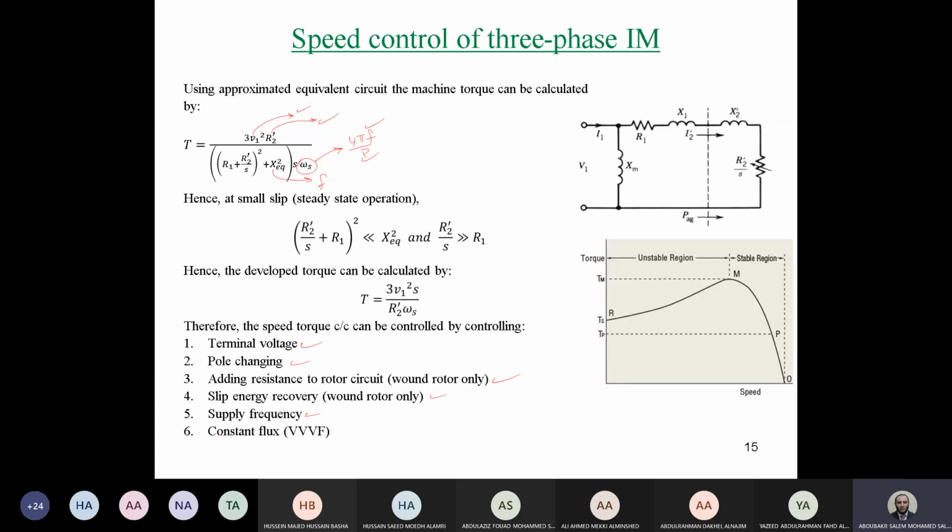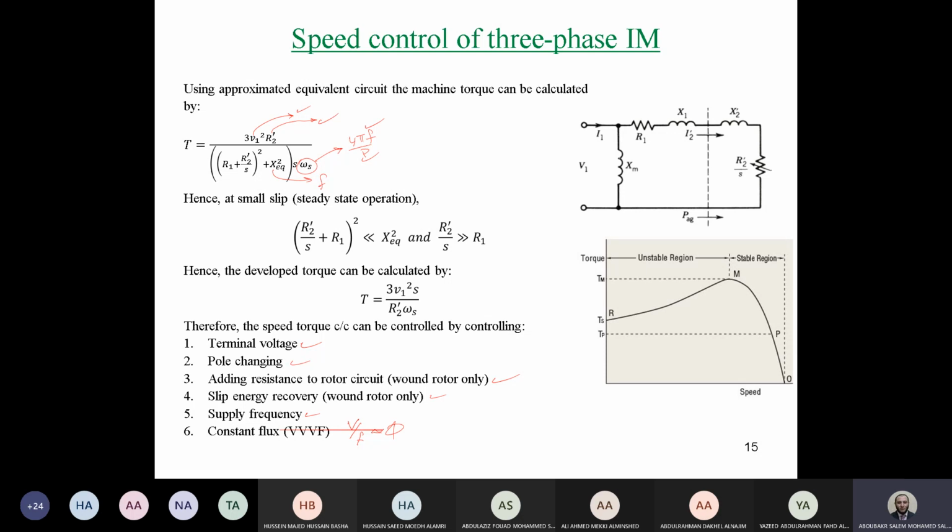The constant flux operation mixes the advantages of voltage and frequency control. We call it variable voltage, variable frequency control, or sometimes V over F control, because we keep the ratio V over F constant, which is proportional to the machine flux. So these are the different speed control types.